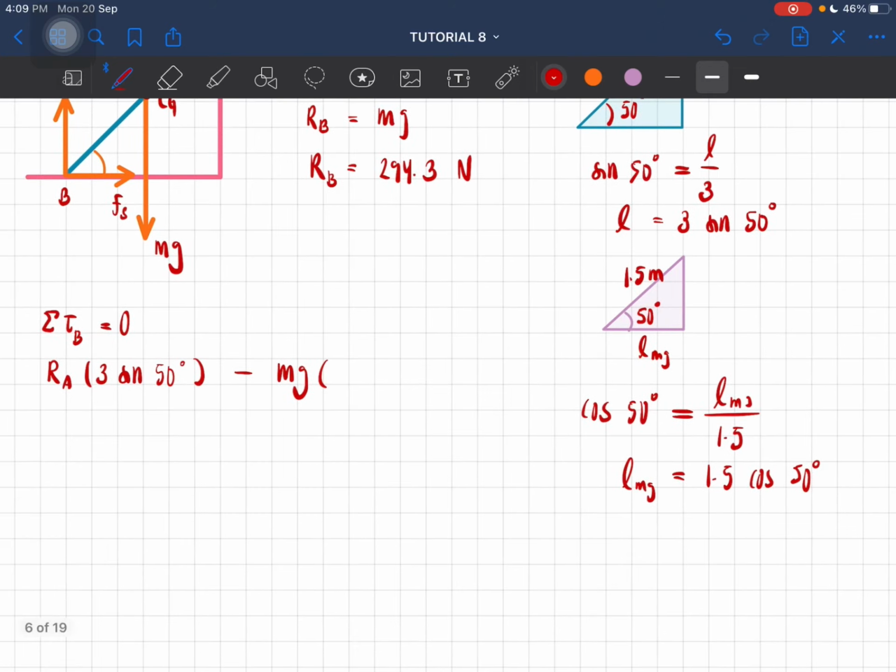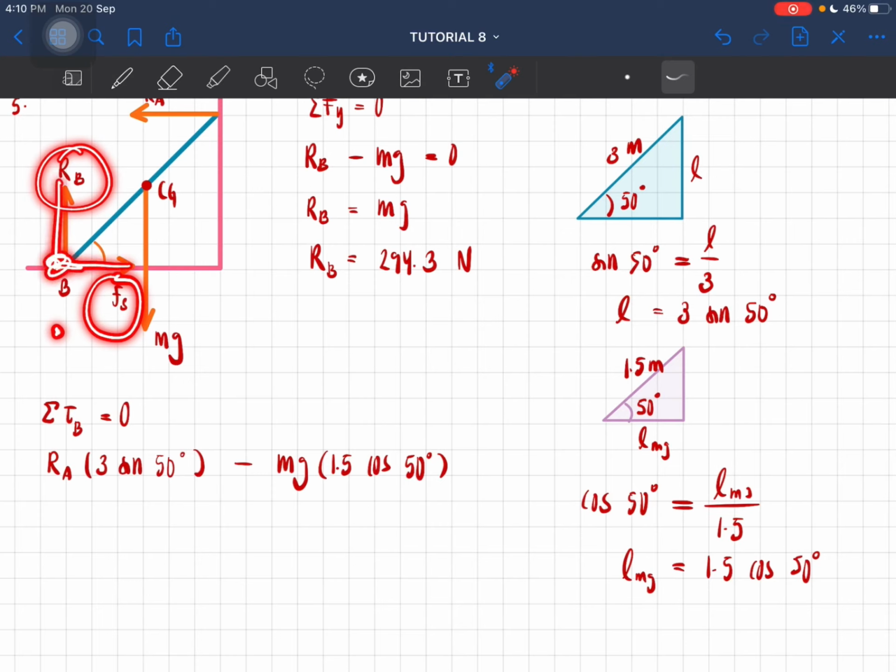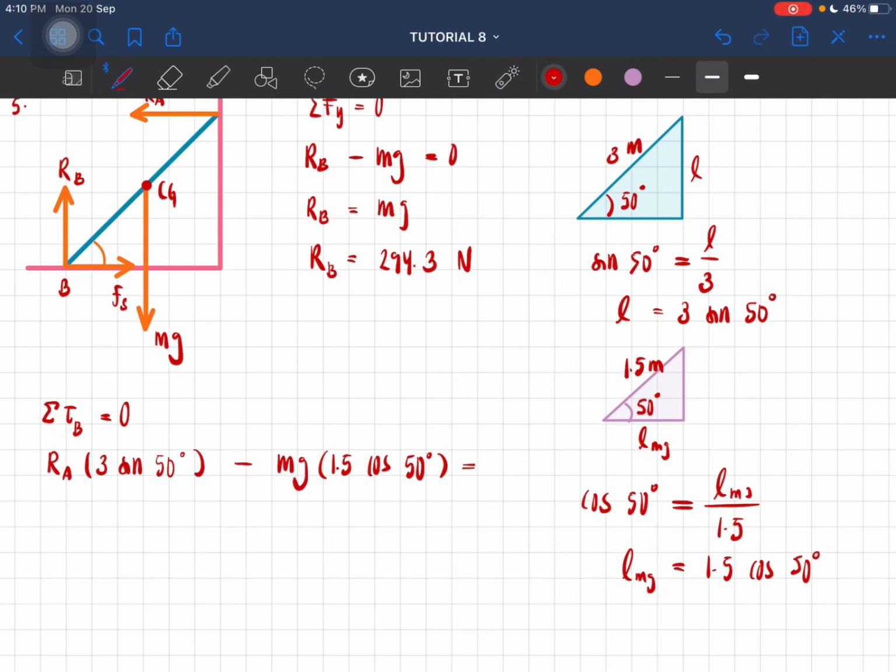Okay, so substitute lah dalam ni 1.5 cos 50 degree. Okay, ada lagi any other forces? Tiada, sebab yang ini kita tidak boleh consider because it is at the rotation axis. So automatically dia akan equal to 0. Okay, so this is equal to 0.